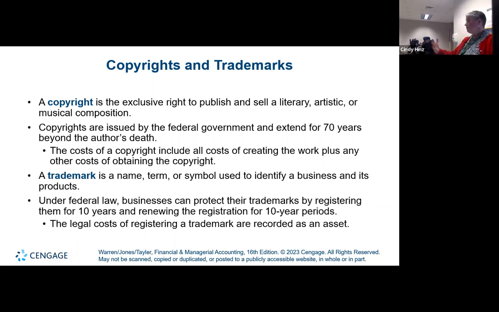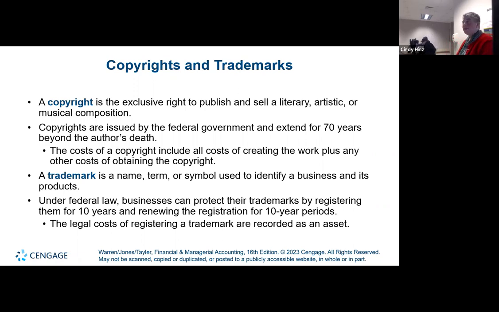And so if you own the copyright to a college textbook, even though you might possibly be able to argue that it has a legal life for another 100 years or so, that's not how long we should be amortizing it. Because there's no reason to believe that we're going to be able to sell it and make any money from it, even 5 years from now. So the matching principle tells us we should write it off over the time that we actually think we can sell it.